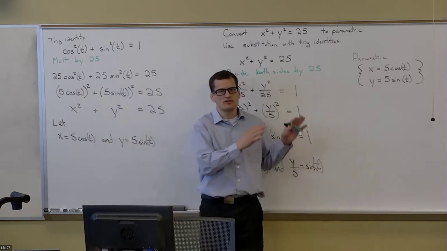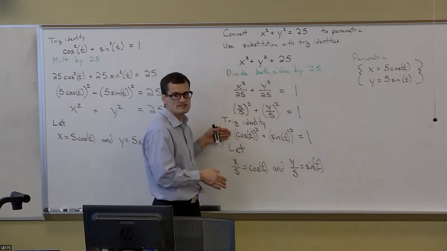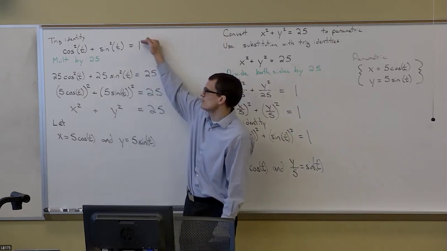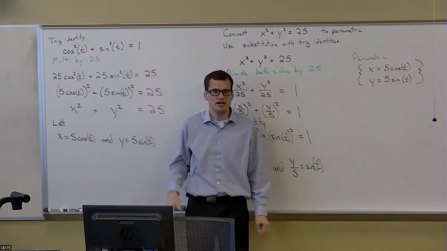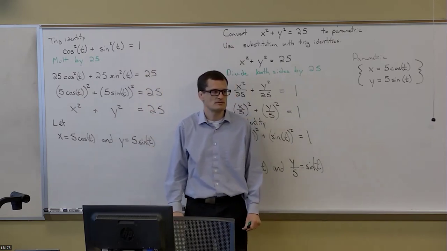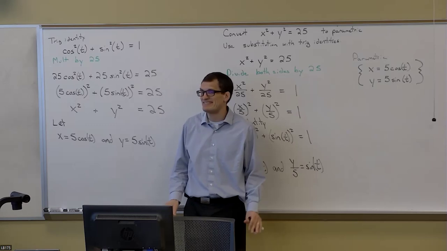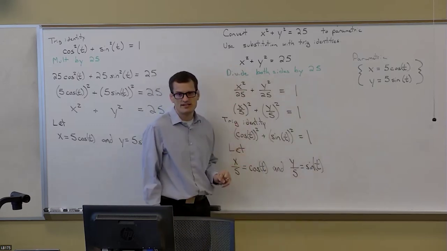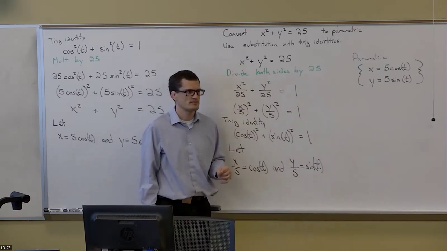If you want to start with your equation and manipulate it until it looks like one of the trig identities, that's one option. If you want to start with your trig identity and manipulate it until it looks like your equation, that's another option. I tend to start with my equation and manipulate until it looks like a trig identity. That makes sense.